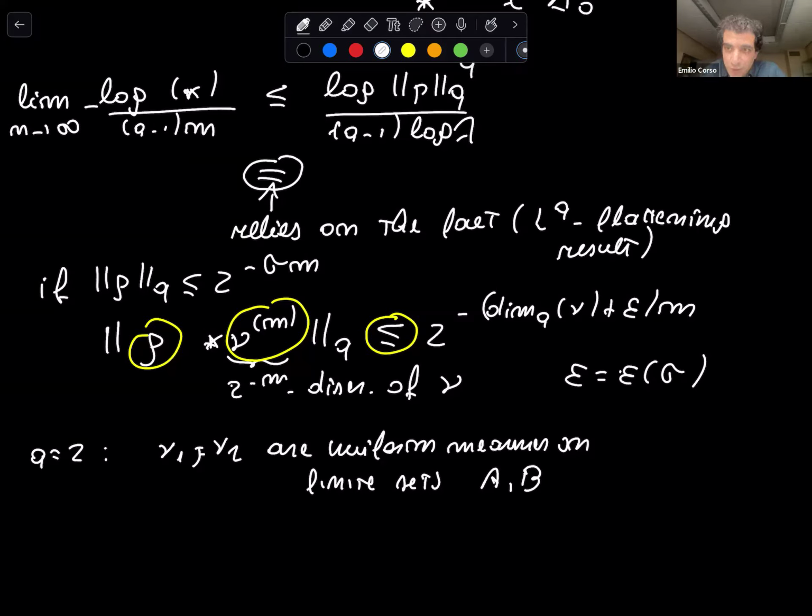So I know this was very, very short, but I tried to do my best to illustrate, at least vaguely, where additive combinatorics comes into the picture.